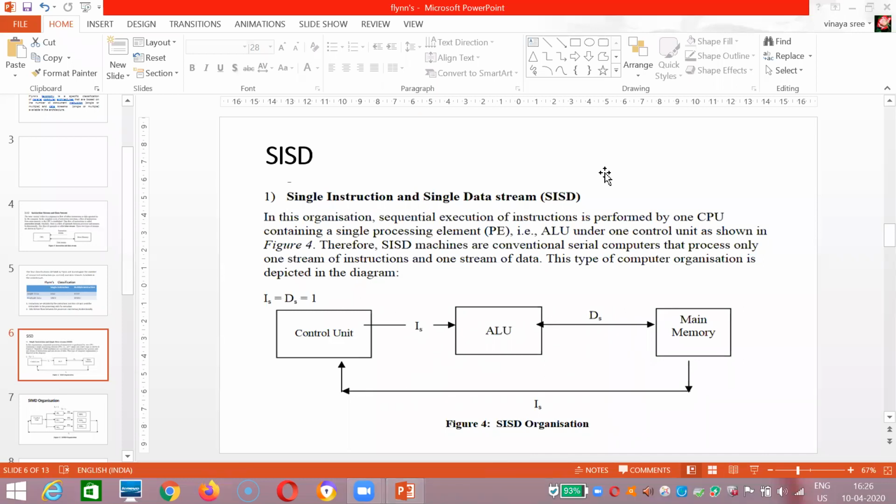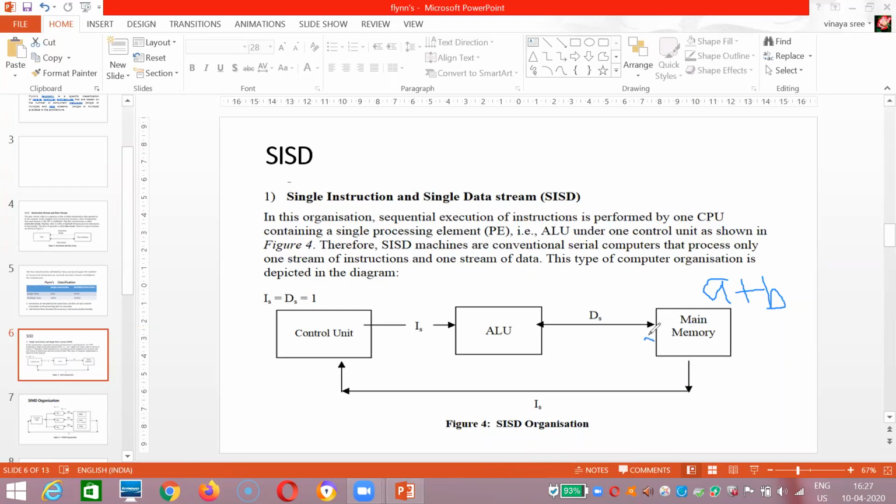The CU is decoding. The instruction that it is taking is A plus B. Just now I have taken this instruction, A plus B. You will not get this directly. Initially it will go to the address for fetching that instruction.